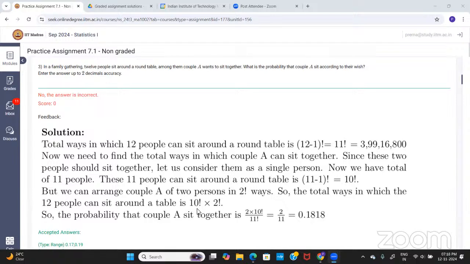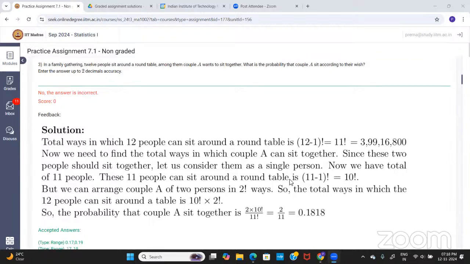But ma'am, a small silly doubt. Even though we will consider them as a single person, they occupy two seats, right? So 11 minus 1 should not be... I know the answer is we have to take 11, but just to clarify something in my mind, even though they are a couple, two seats have to be allocated next to each other.